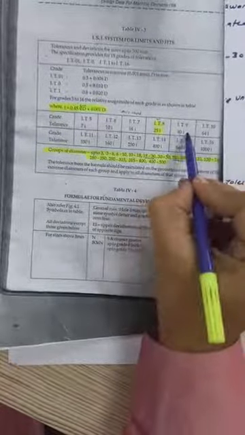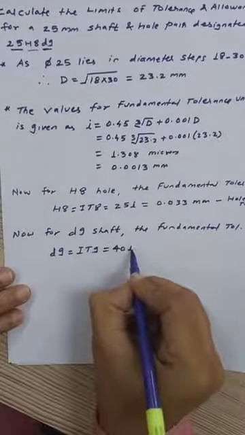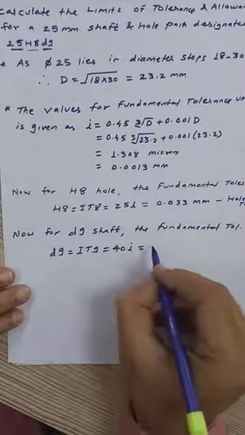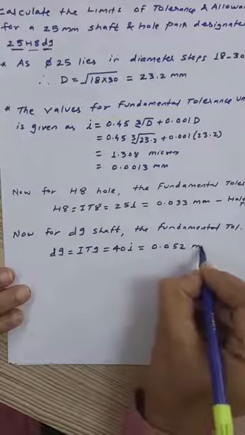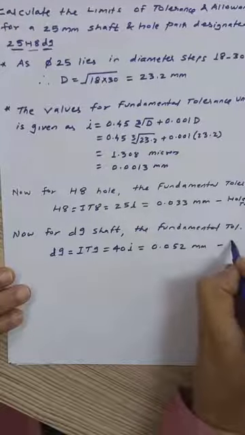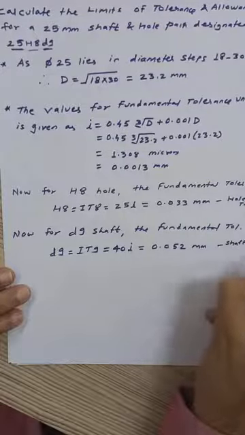So from this table, IT9 is 40i. We know the value of i, so it comes to be 0.052 mm. This is the shaft tolerance, right?